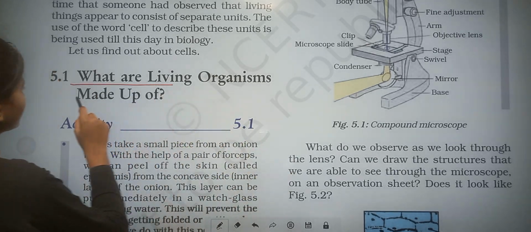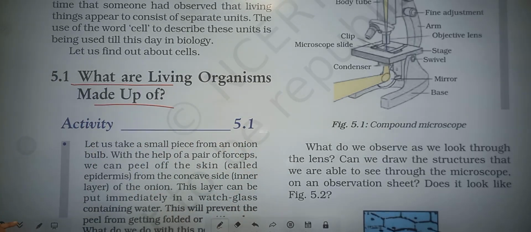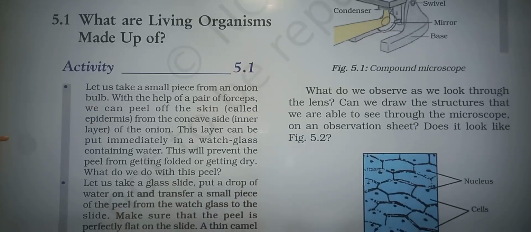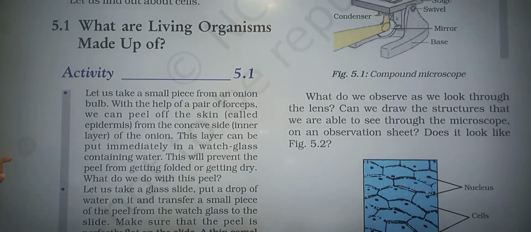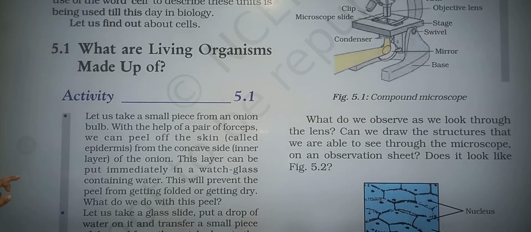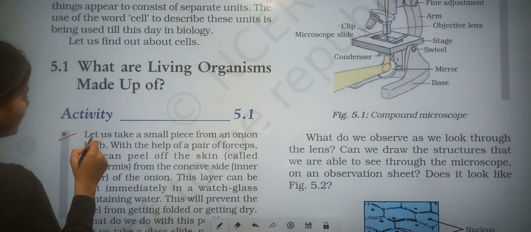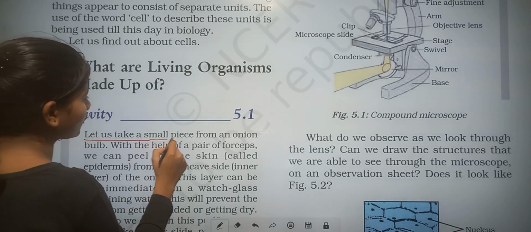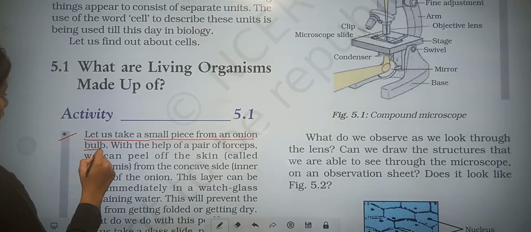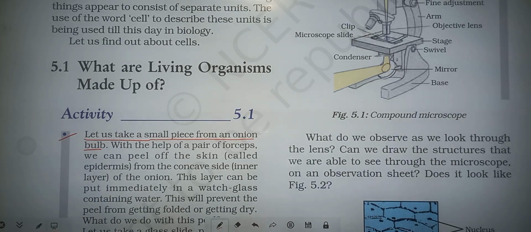What are living organisms made up of? So here is an activity. Let us take a small piece of an onion bulb.